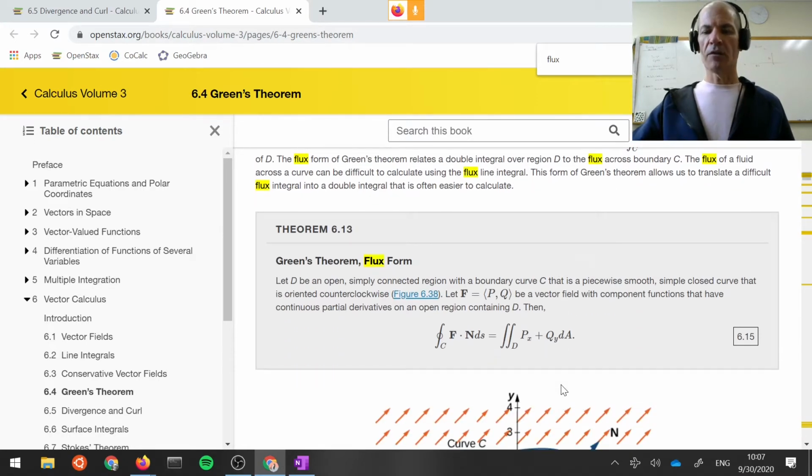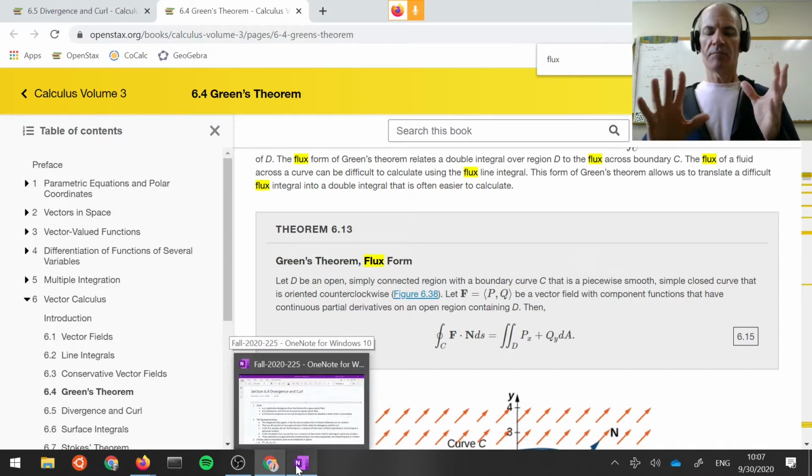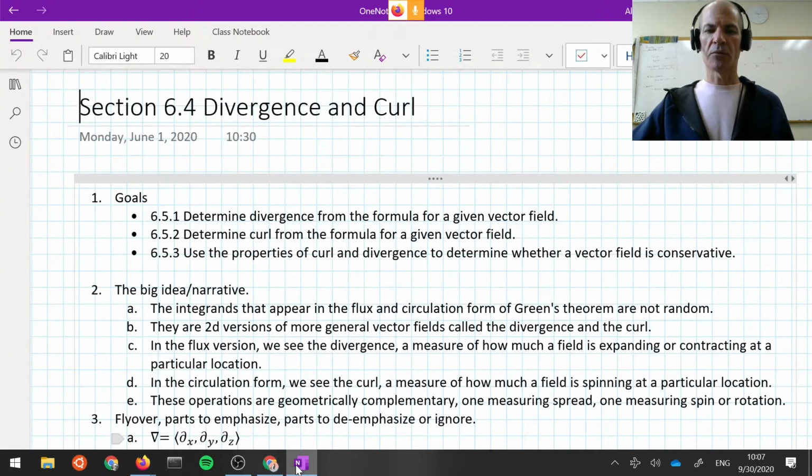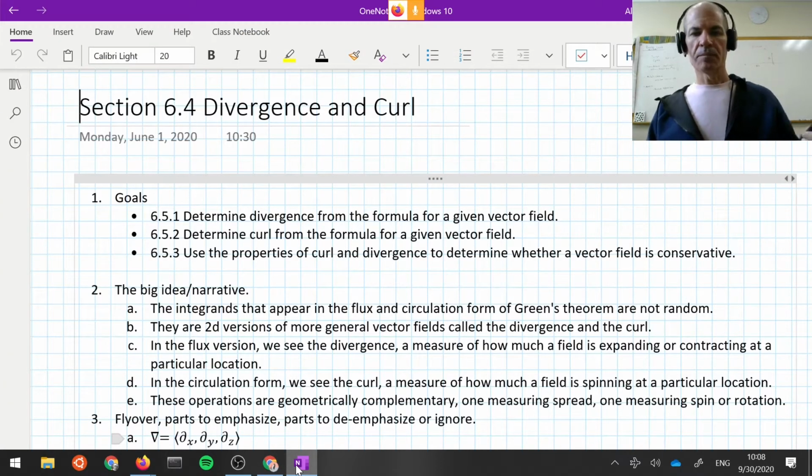And then you go over to the flux form, and again, we have a vector field P, Q, and we see that the integrand is, again, a peculiar combination of partial derivatives of the components of F, Px plus Qy. What we're seeing here is the two-dimensional versions of a pair of general operations called divergence and curl.